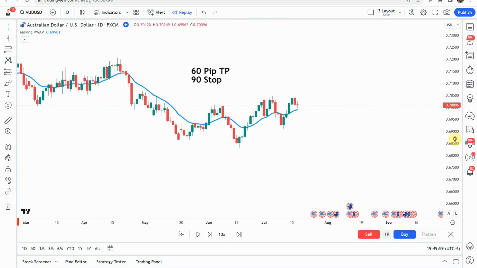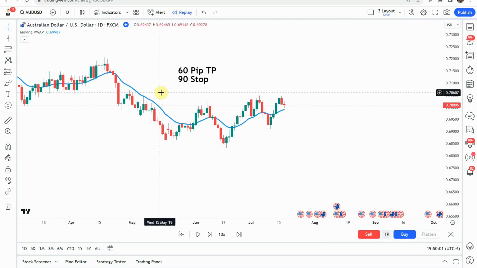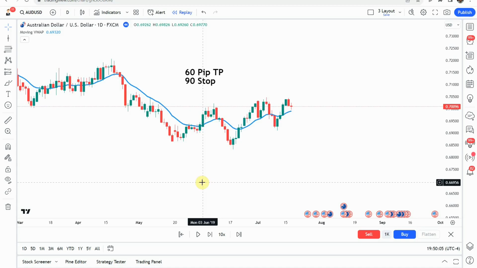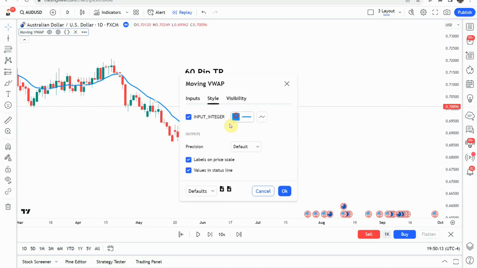And so basically they have taken the VWAP indicator and made it closely resemble or more like an actual moving average. And so I did go in and make just a slight modification.